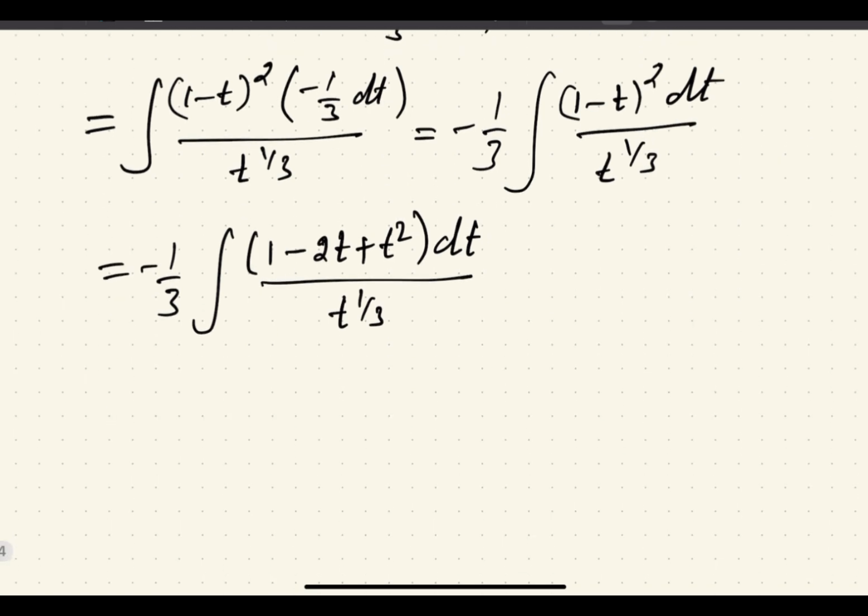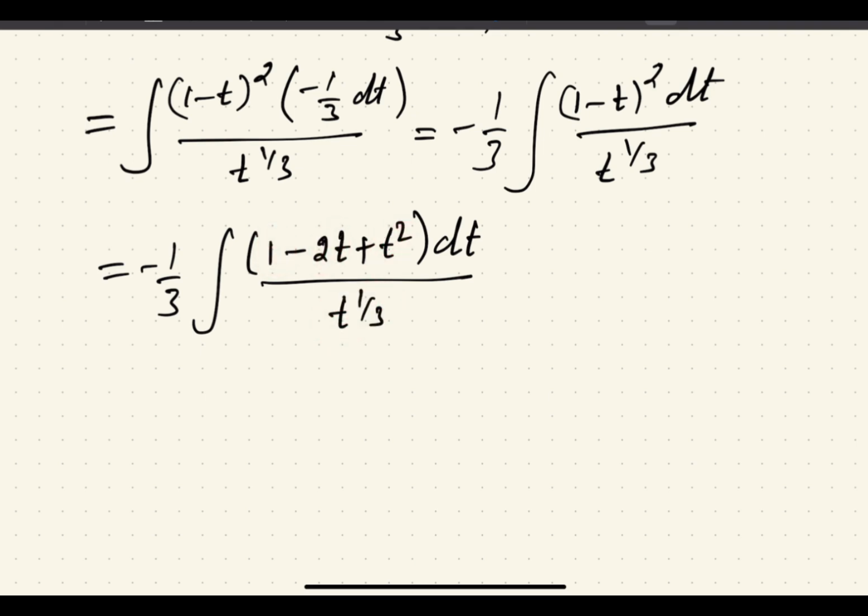And now you will distribute, because this is a sum and there is a presence of one term in the denominator. I will divide this with this, this with this, and this with this.